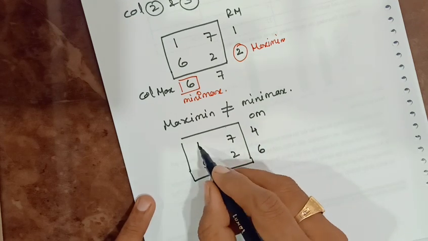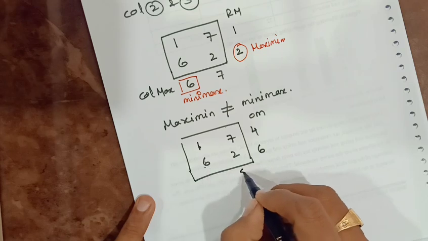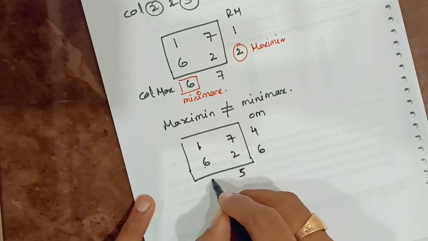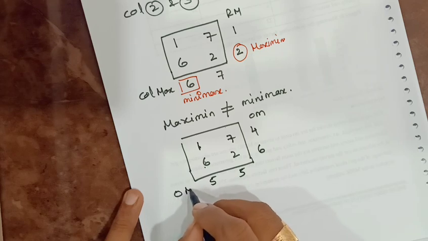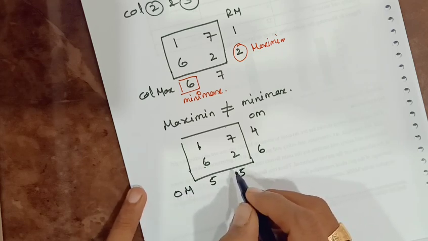And 6 minus 1 is 5. 7 minus 2 is 5. So oddments for row and column.